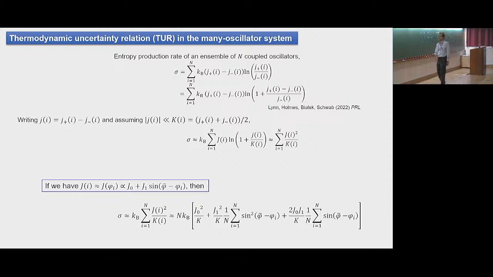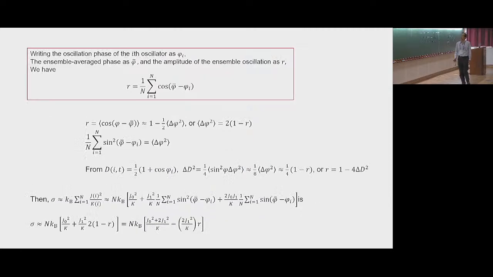So this gives the many-body effect that synchronizes the many oscillators. With this representation, the entropy production can be written like this, just by inserting this here. And the amplitude of oscillation can be written like this.